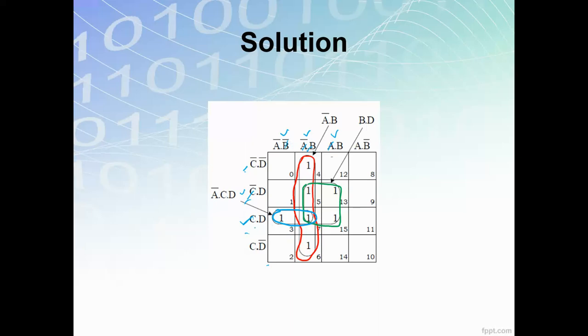It involves only this row, which is C dot D. So the Boolean expression for this blue loop is A bar dot C dot D. So your answer should be Y equals A bar dot B plus B D plus A bar C D.